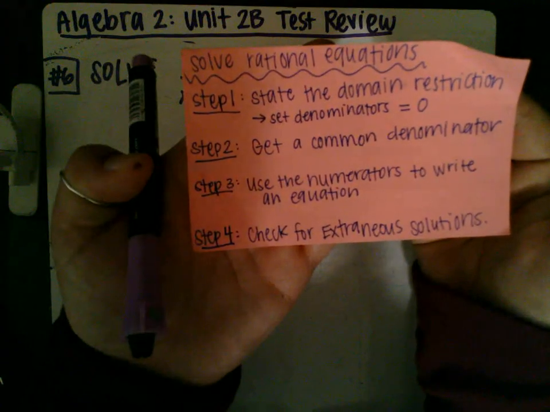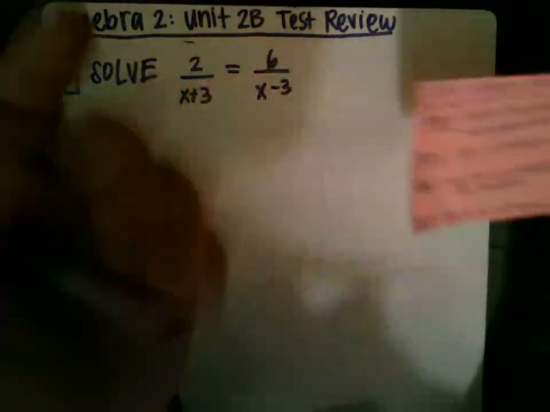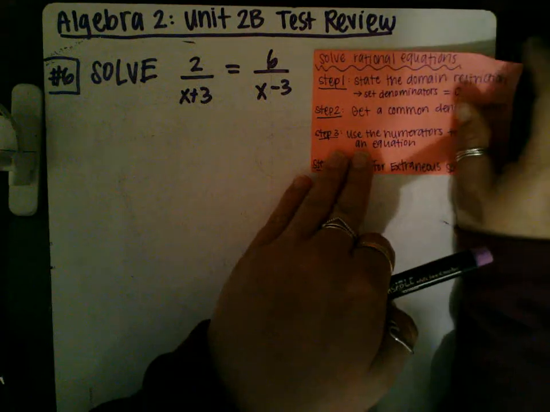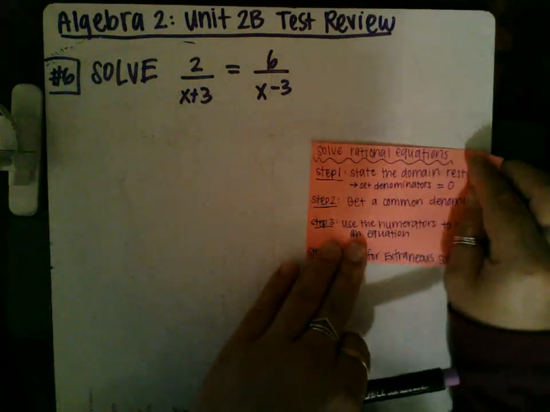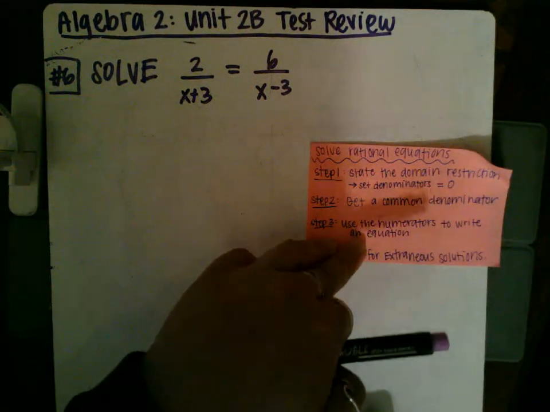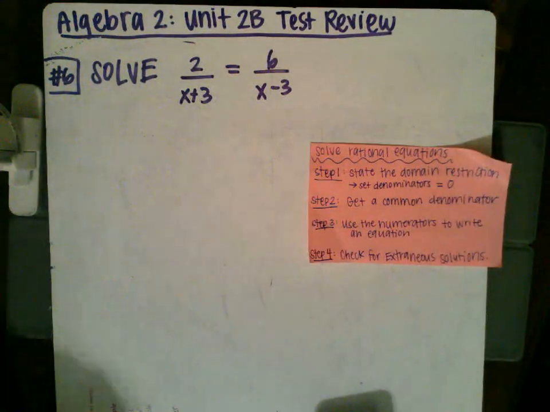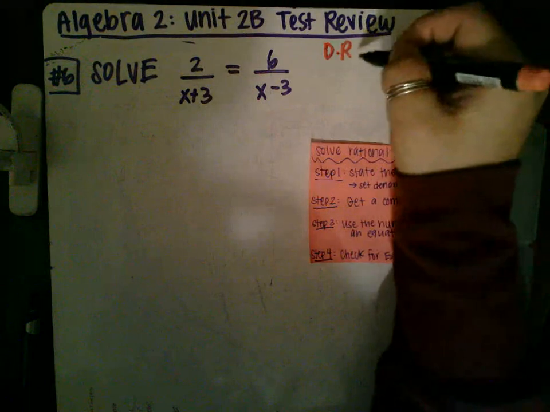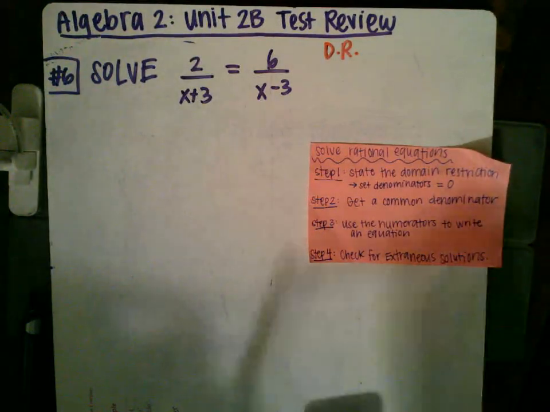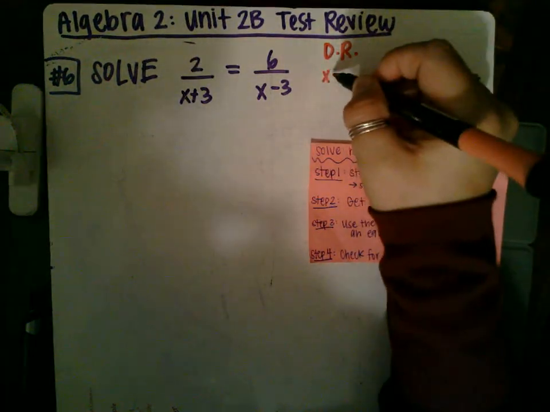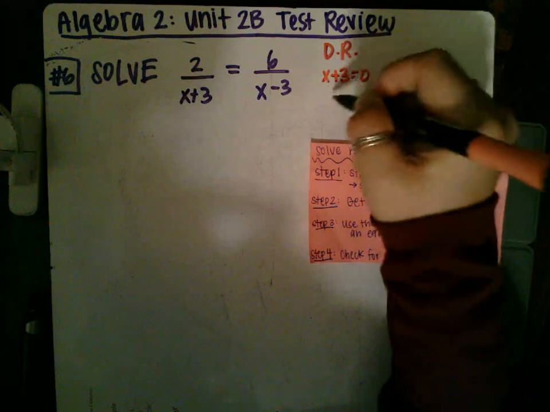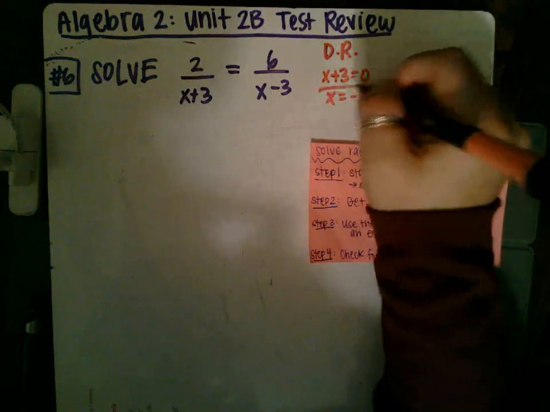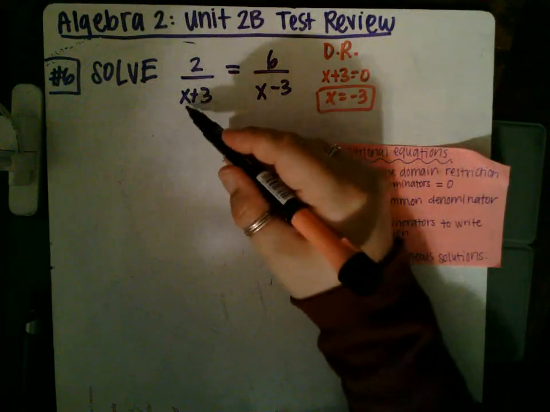First, we have to find out where our denominators could equal 0 because we don't divide by 0. Okay, people? We don't perform mathematical sins. We do not divide by 0. So I'm going to write over here our domain restrictions, DR for short. Okay, we set the denominators equal to 0 and we get x equals negative 3 for this first denominator.